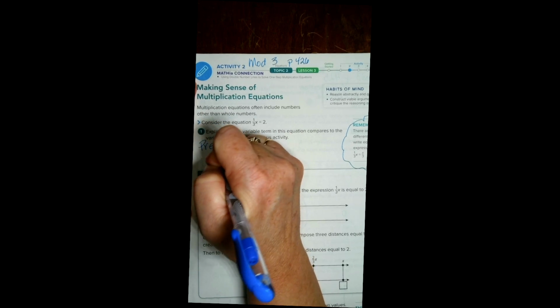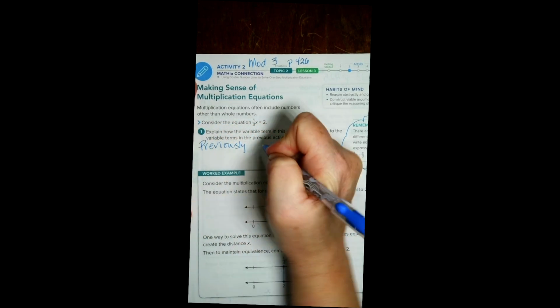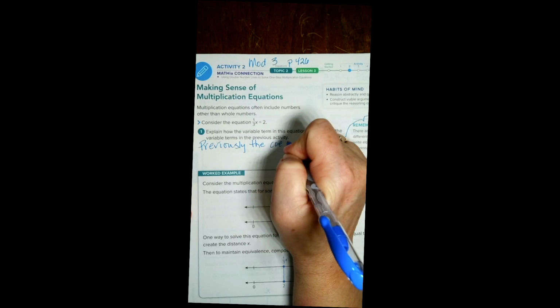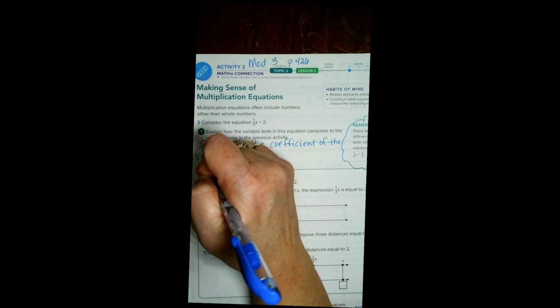Okay, so explain how the variable term in this equation compares to the variable term in the previous activity. So how does this one compare? In the previous activity, I believe we had a whole number with the variable term. Previously, the coefficient of the variable term.